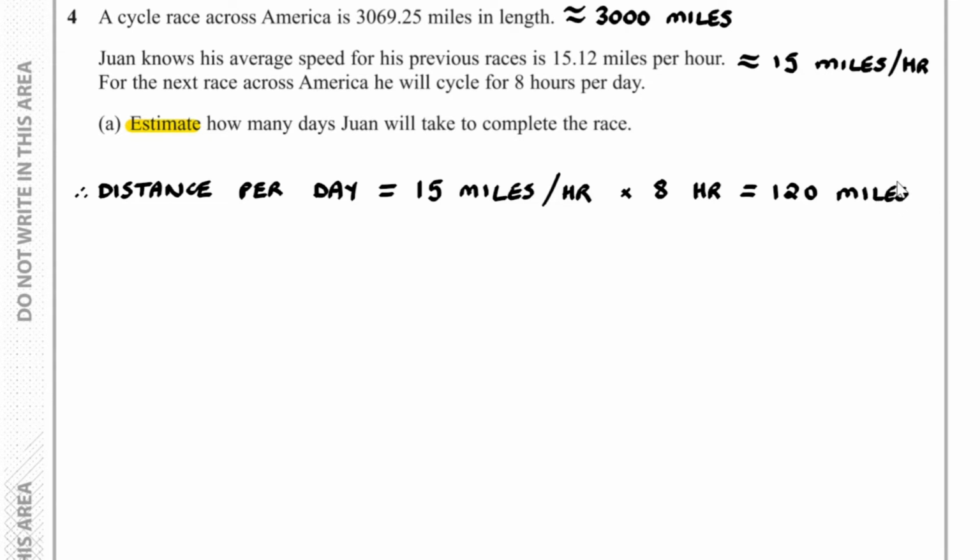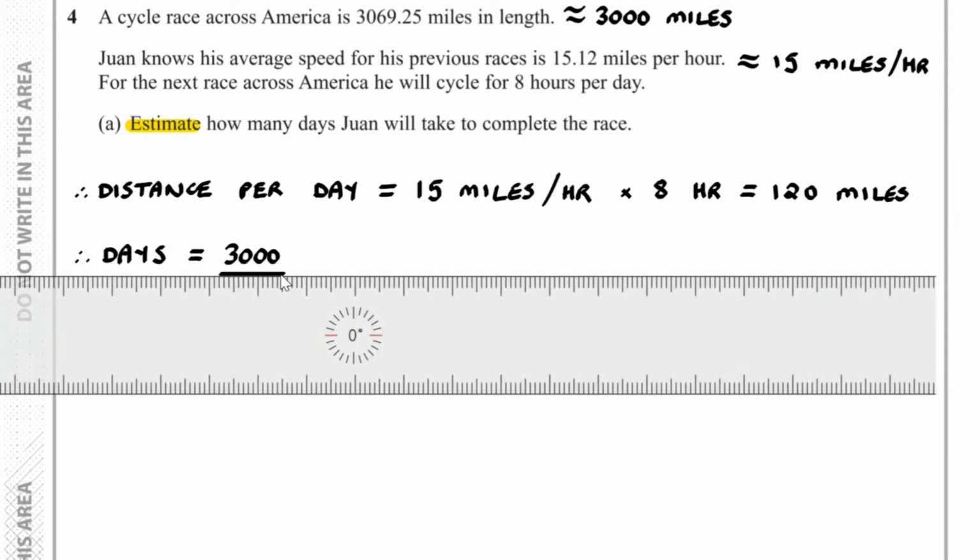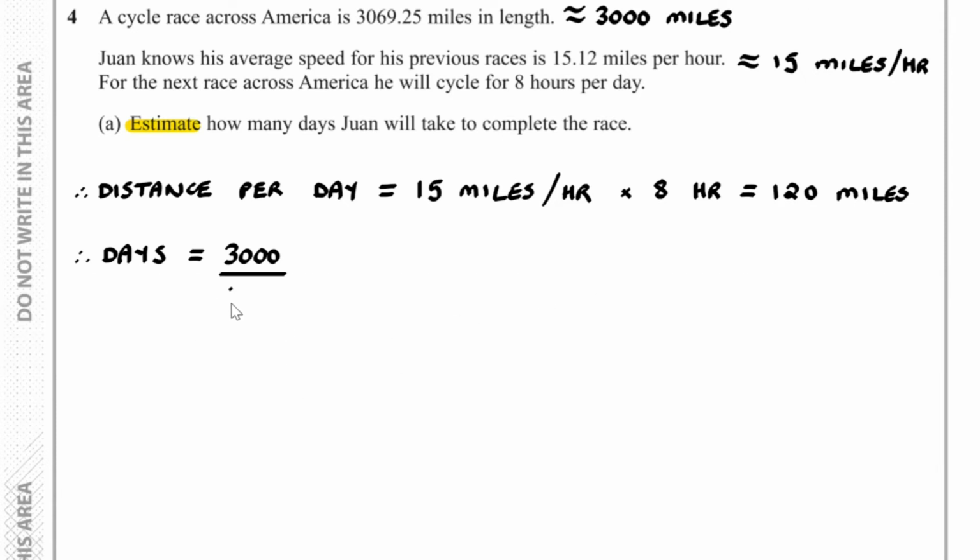And what we can now do is find out the number of days it will take to complete the race. So if we do 120 miles per day, and in total the cycle race is 3,000, we can do 3,000 divided by 120, which tells us an approximation for the number of days is 25.